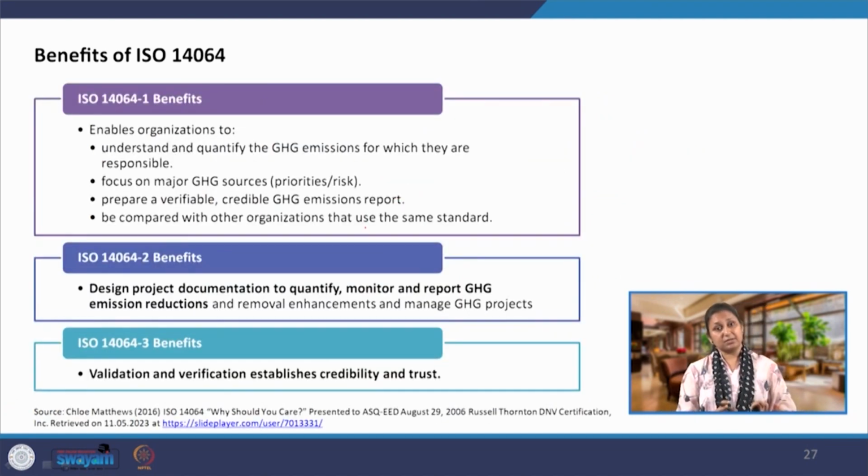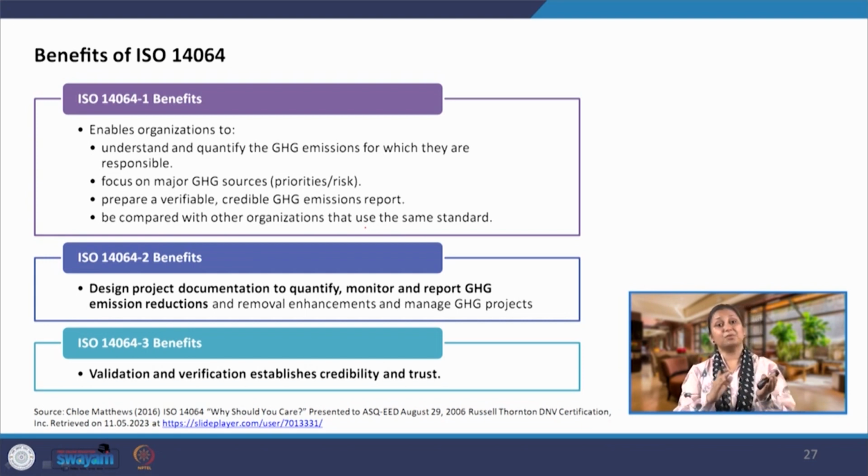Overall, how does it help organizations? It helps organizations to understand their own greenhouse gas emissions, where the emissions are resulting, and how we can reduce them. If organizations have good intent and follow 14064, they will be able to locate where the emissions are happening within their organizations and operations, and address them specifically. They will also be able to prepare a verifiable and credible GHG emissions report.